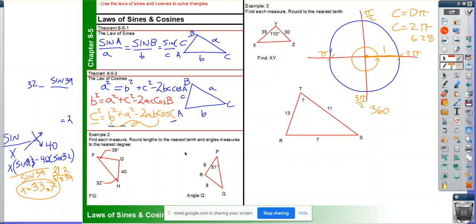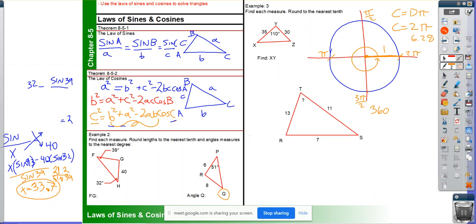So how do we go about finding angle Q? We have to find an angle.